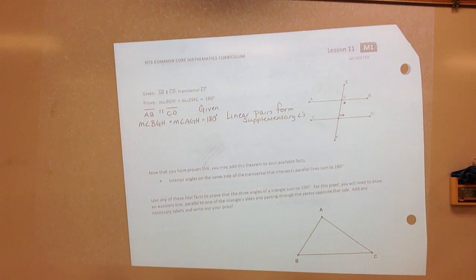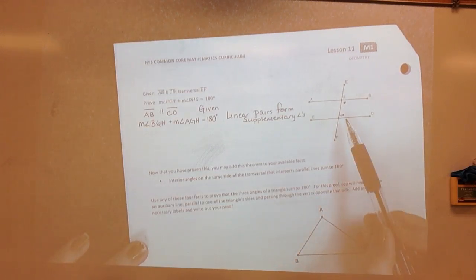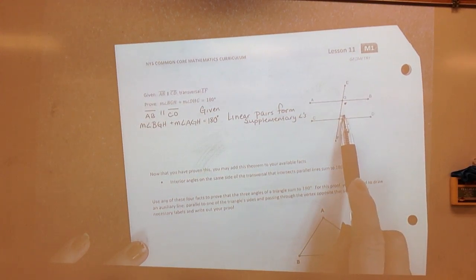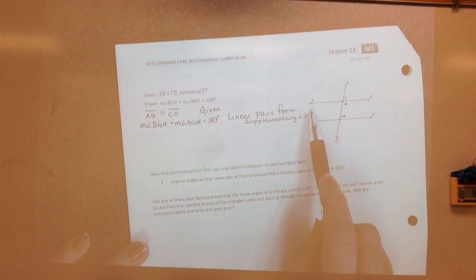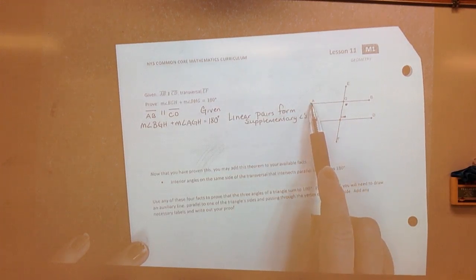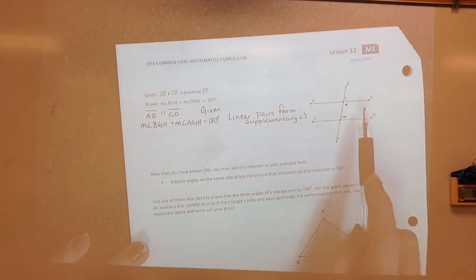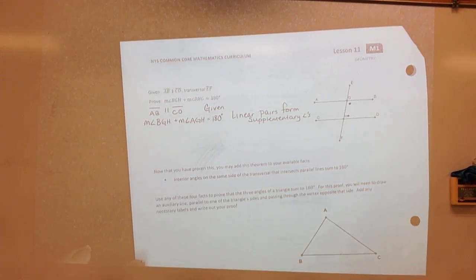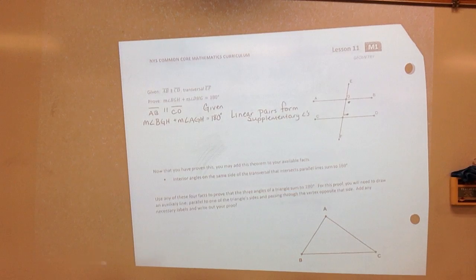Now, let's think about this. I have used this angle. Now I'm going to somehow use this angle. Well, what do I know about the angle GHD? They are alternate interior angles.